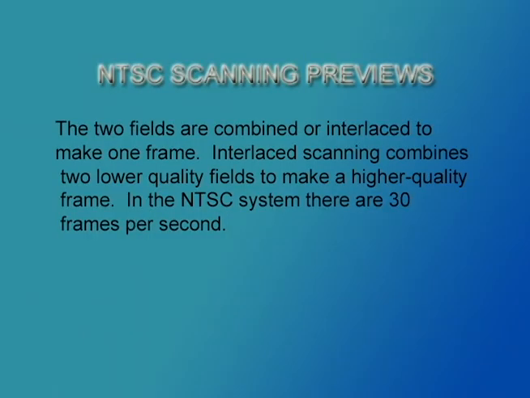The next scan of all even-numbered lines takes another 1/60th of a second and is called field 2. The 2 fields are combined, or interlaced, to make one frame. Interlaced scanning combines 2 lower quality fields to make a higher quality frame. In the NTSC system, there are 30 frames per second.